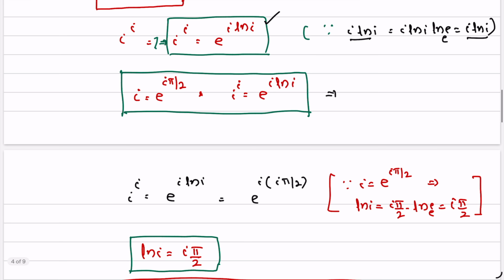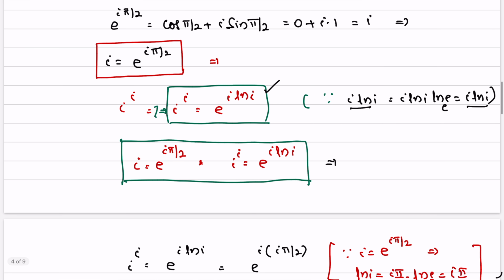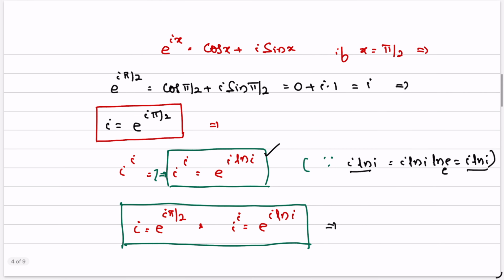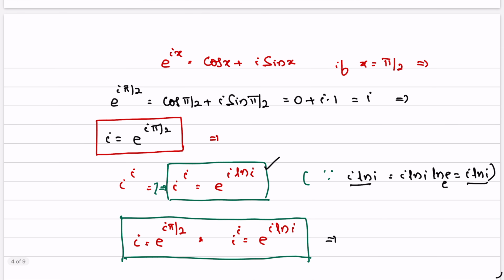And also we have used the concepts of logarithms and Euler's series, e to the power of ix is equal to cos x plus i sin x. From that we got the value of i.